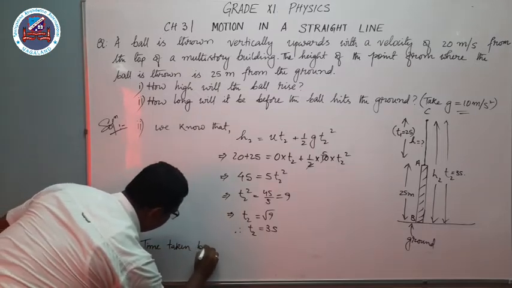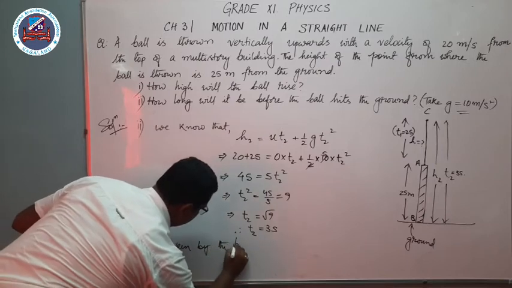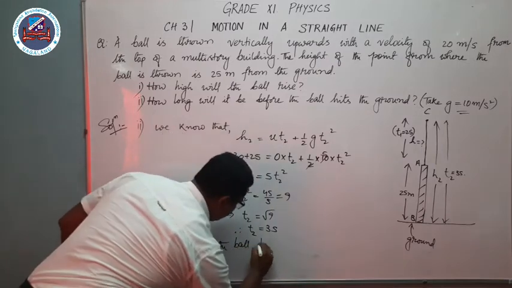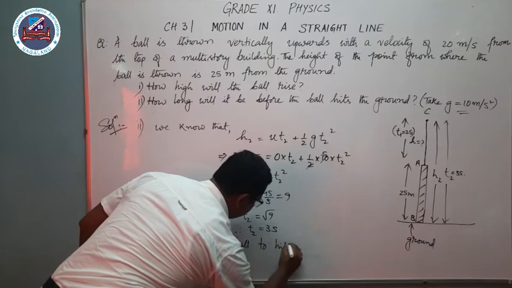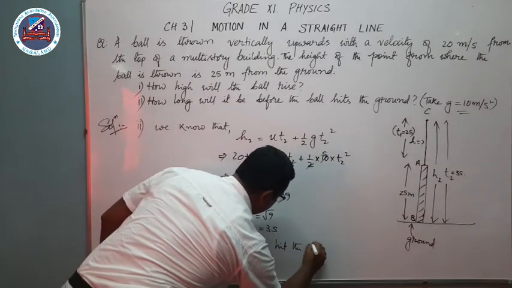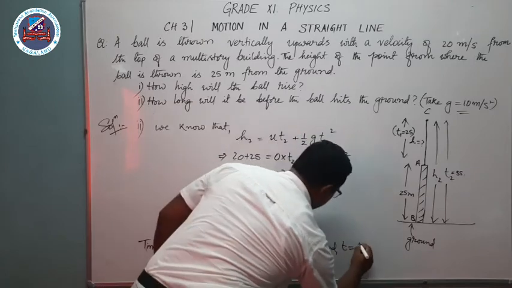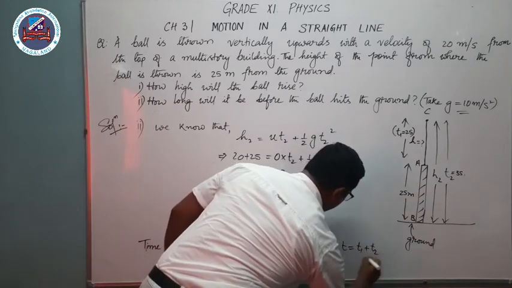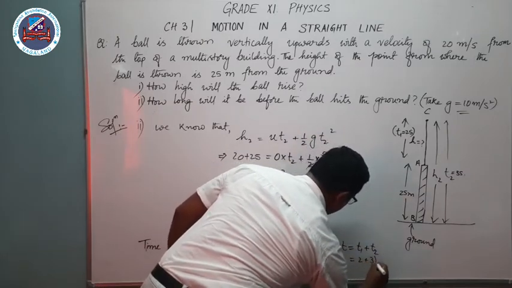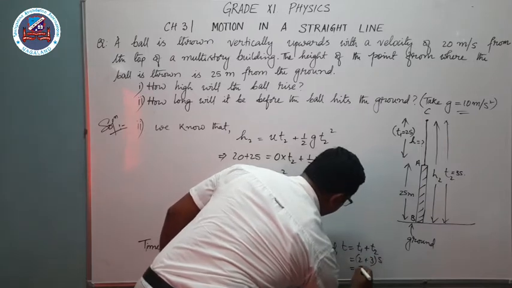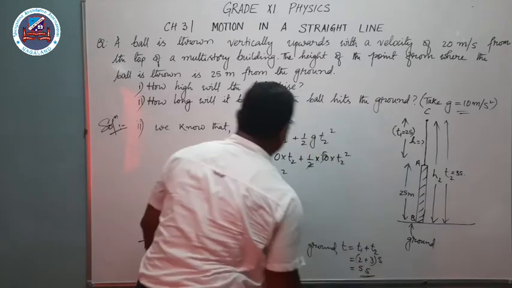Let us write T equal to T1 plus T2. It is 2 plus 3, both in seconds, so it will be 5 seconds. This will be your final answer.